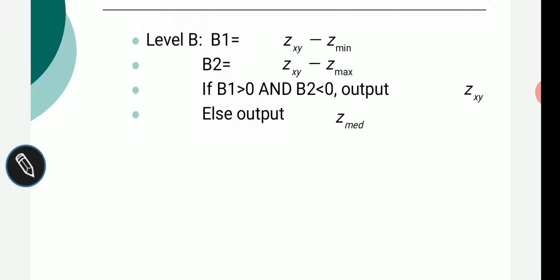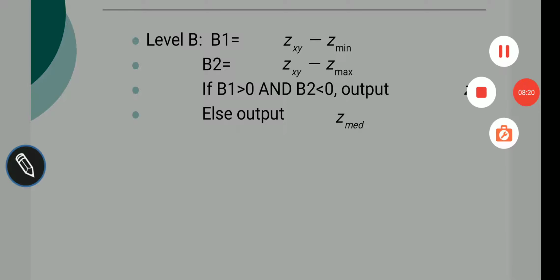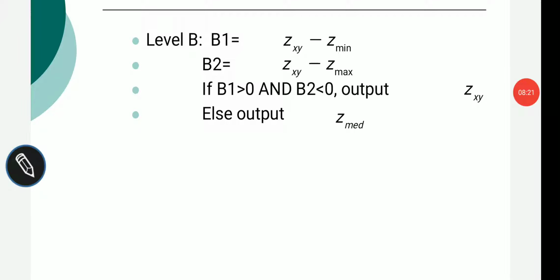So here it has three main purposes. The first is to remove salt and pepper noise, then to provide smoothing of other noises that may be impulsive, and to reduce distortion such as excessive thinning or thickening of object boundaries.